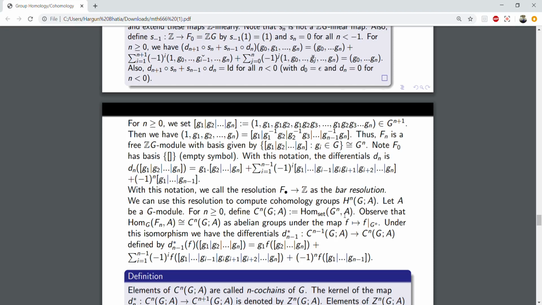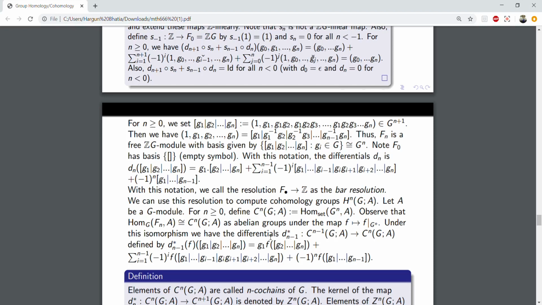So notice now that since Fn is a free abelian group generated on this set of symbols, which is isomorphic to G to the n, the set of all G module maps from Fn to A is isomorphic with the set of all set maps from G to the n to A. Right? This direction is given by restricting the map to G to the n, and in the other direction, if you have a map from the basis essentially, then you can extend it ZG linearly to get a map from Fn. So these are isomorphic as abelian groups under this map.